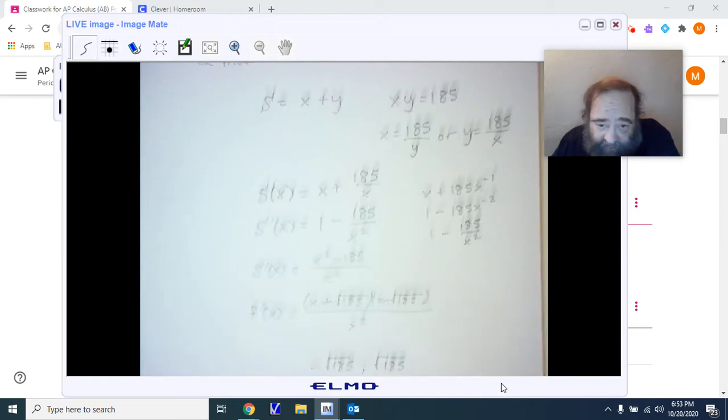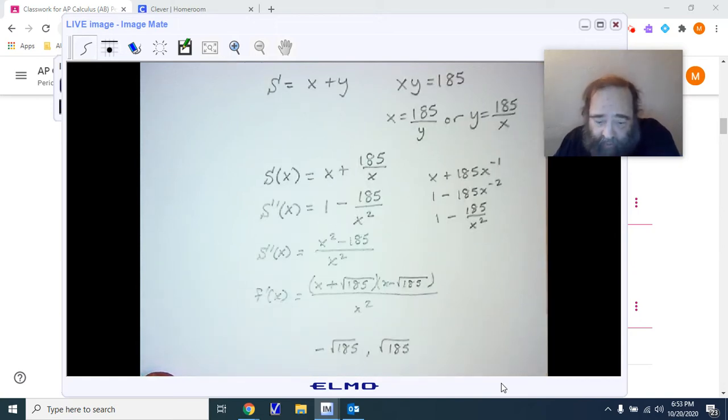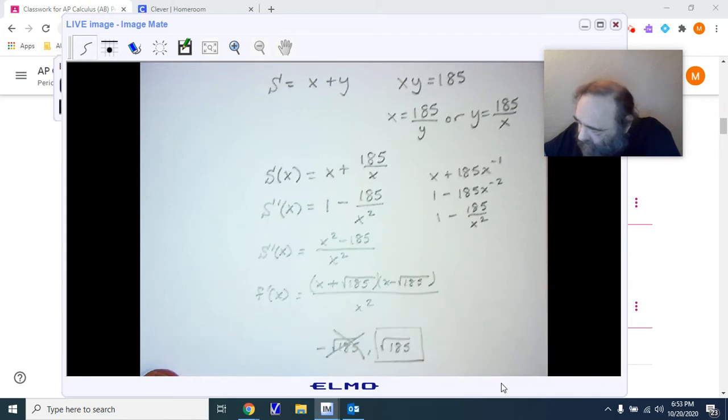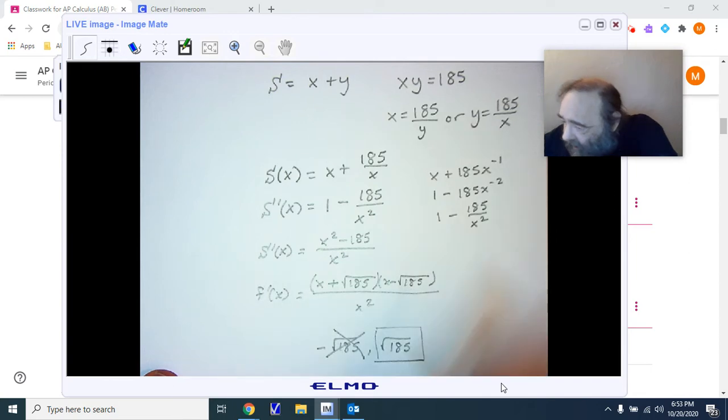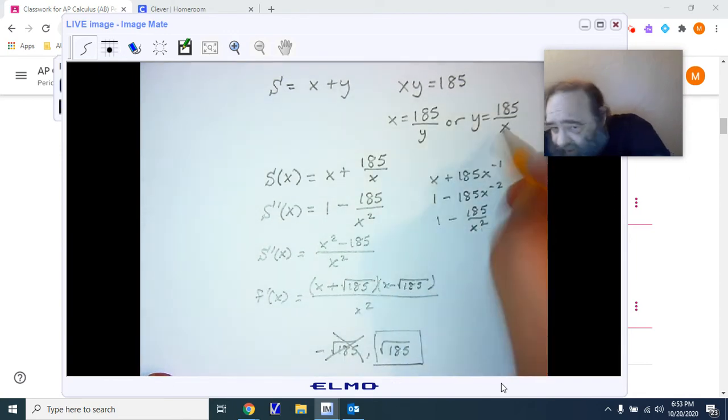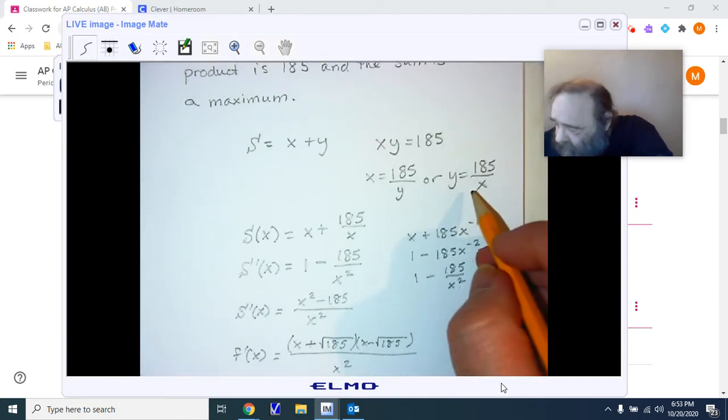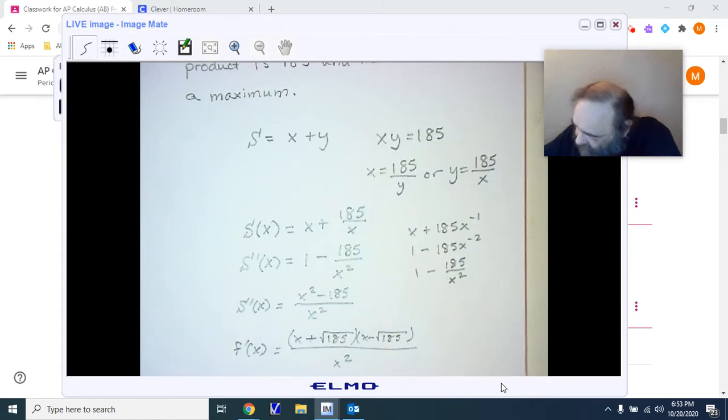Now, because they asked me for the positive number that will yield the minimum, I get rid of the negative. My x must be the square root of 185. And when I put that in to find y with the x right here, my y turns out to be the same, the square root of 185.